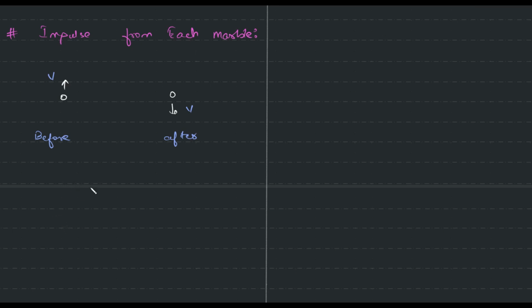Okay, so each marble, if I take up as positive, changes the velocity from positive v to negative v. Therefore, change in velocity is, remember, final minus initial is what we do, and this turns out to be minus 2v.